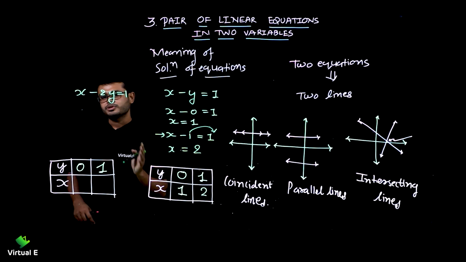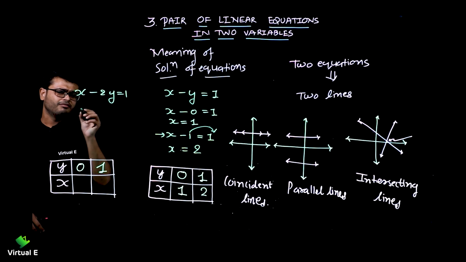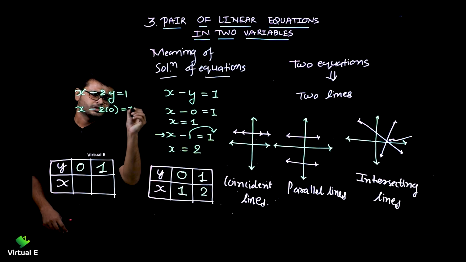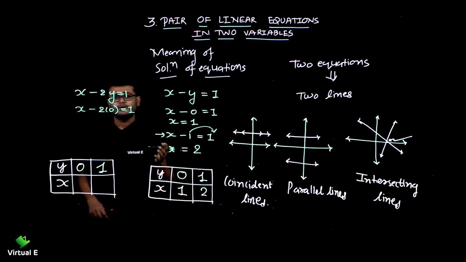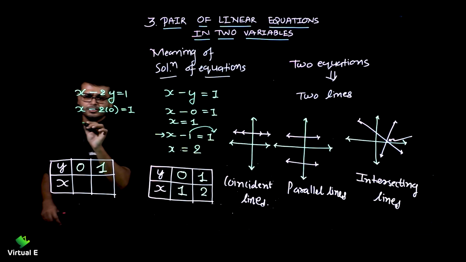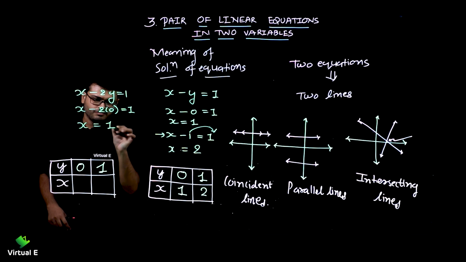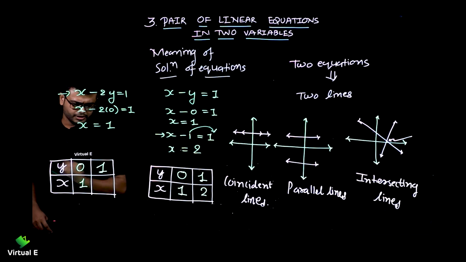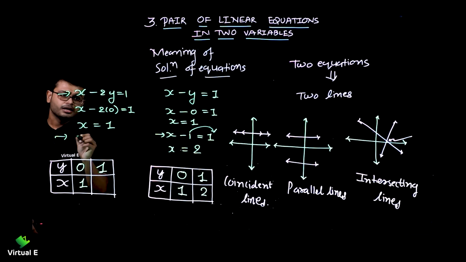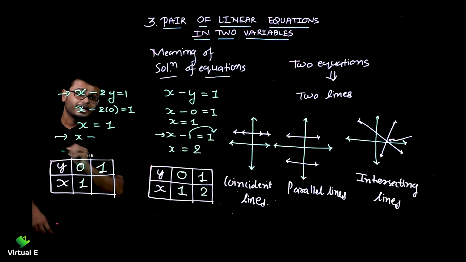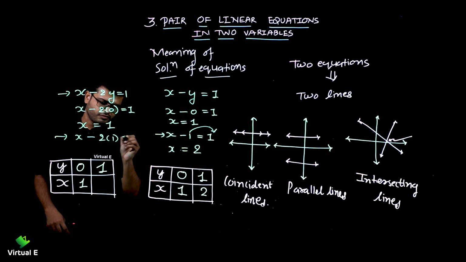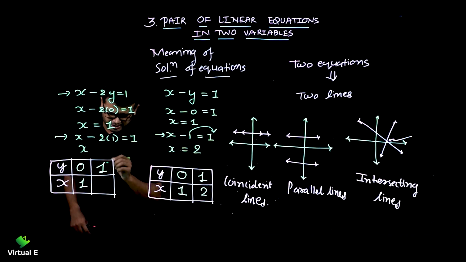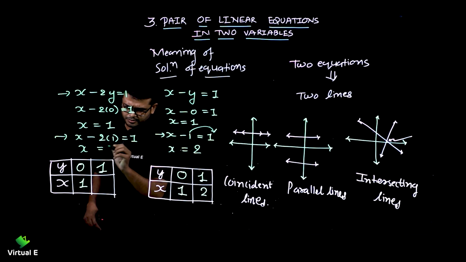Let me do the same procedure for the other equation. y is equal to 0, x minus 2 into 0. Anything you multiply with 0, obviously you get 0. So x is equal to 1 over here, and let me substitute another one, which is y is equal to 1, x minus 2 into 1 is equal to 1, and if I solve this one, that will make x equal to 3.